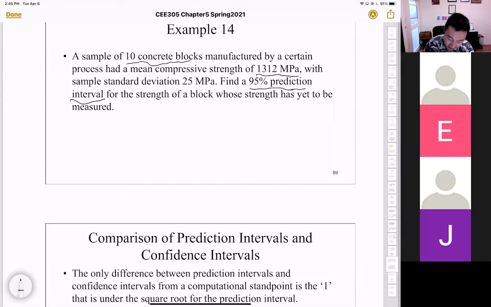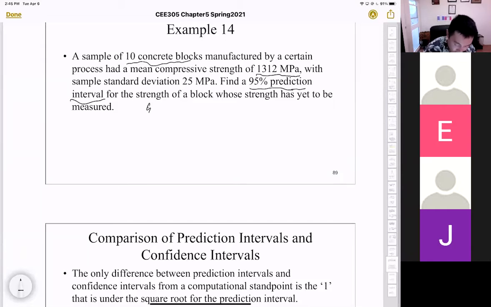This is not a realistic value. For normal concrete, the strength is around 30 megapascal in compression. More than 100 megapascal is called high strength concrete. 1300 megapascal is unheard of. But anyhow, we calculate the 95% prediction interval.